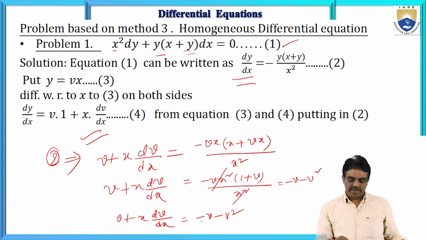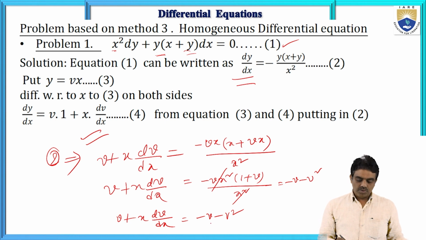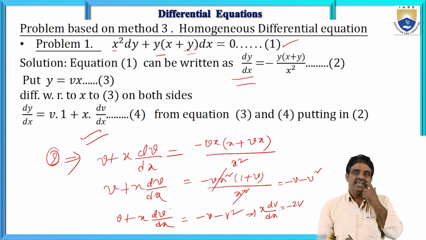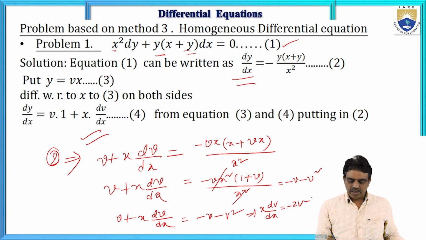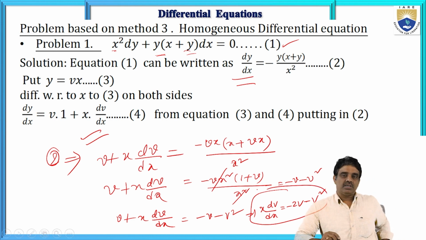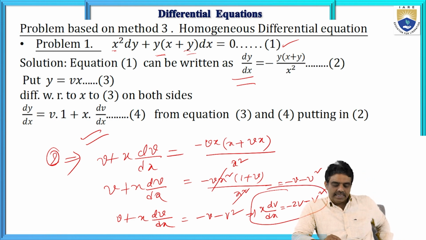Now, moving v from the left side to the right side, you get x dv by dx is equal to minus 2v minus v square. So now the right hand side is a pure function of v only, and it is x dv by dx is equal to a pure function of v.